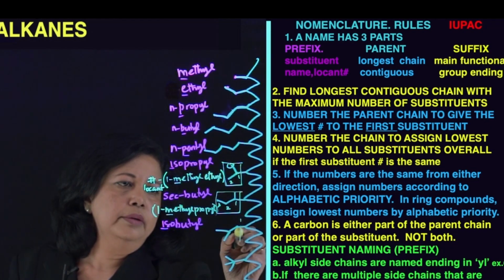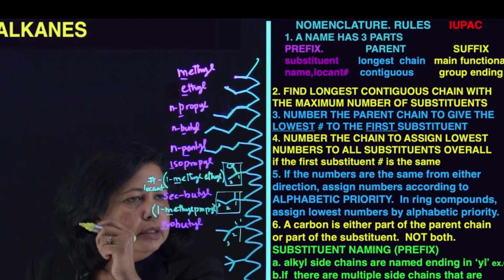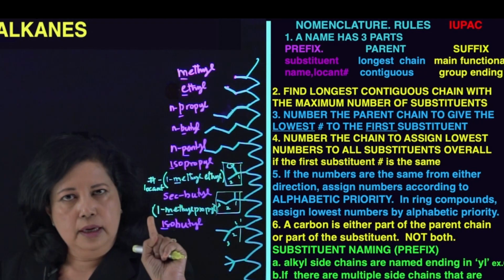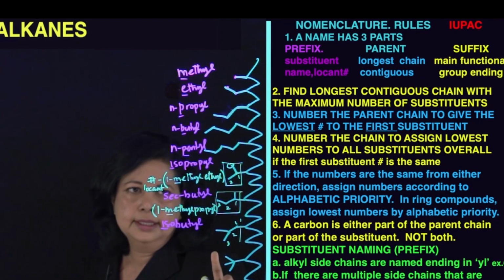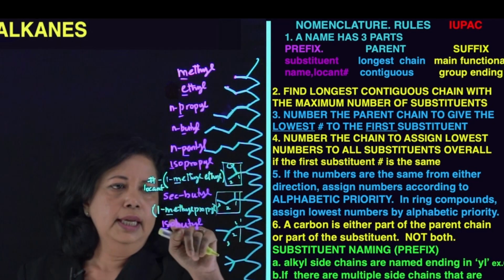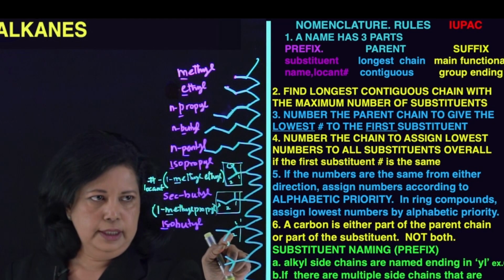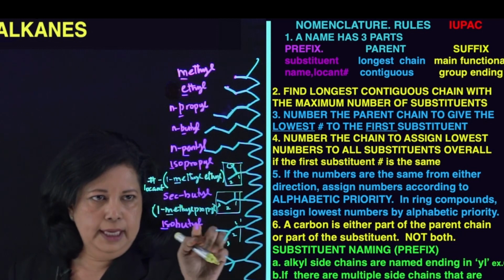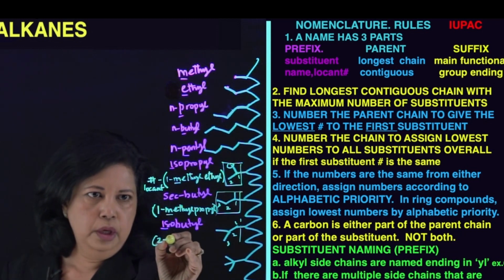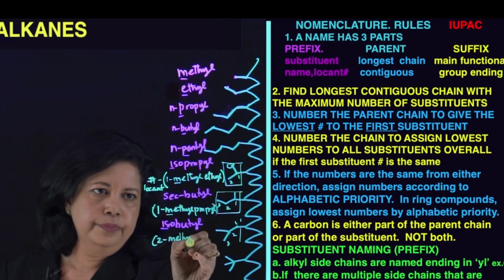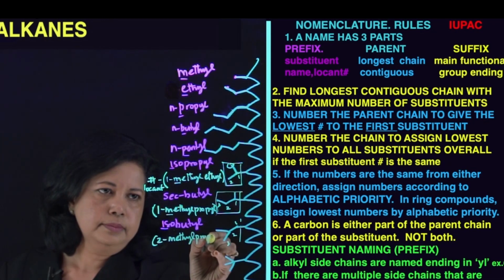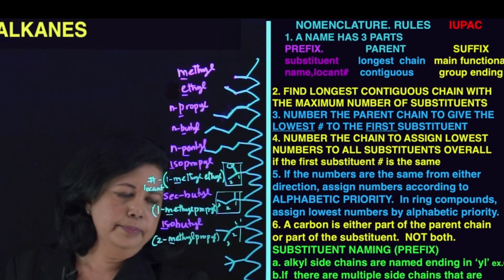And here again, this is 1, 2, 3. So the point of attachment is always the carbon number 1, no doubt about that. Then you take the longest chain and take the branch from there. So here second carbon has a methyl, so that's going to be 2-methylpropyl, and so that's going to be M.